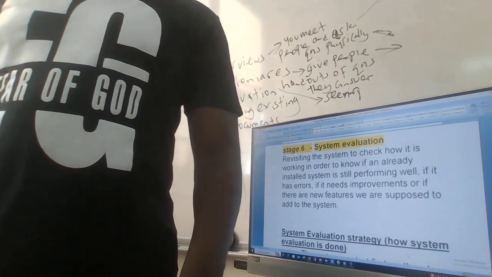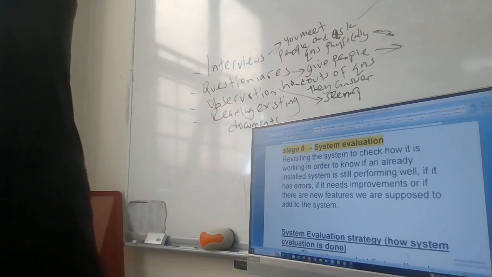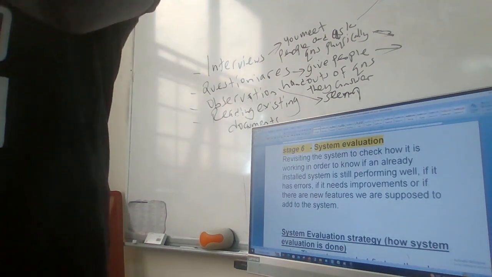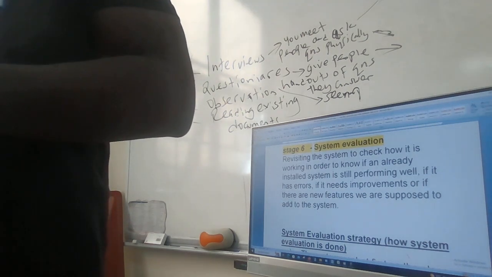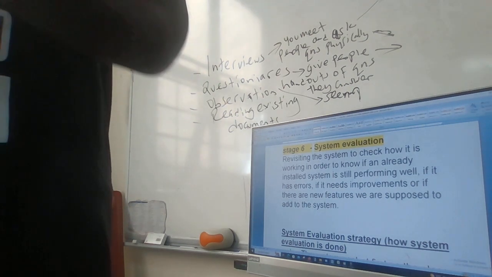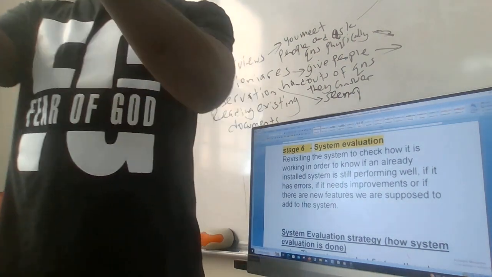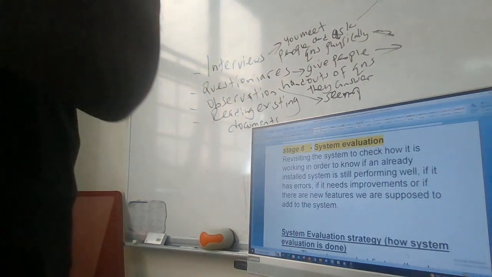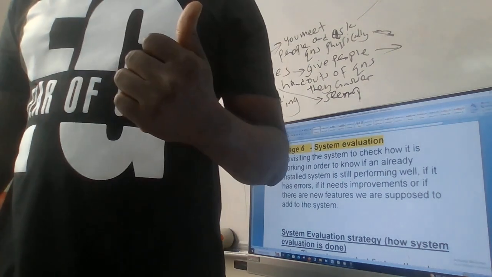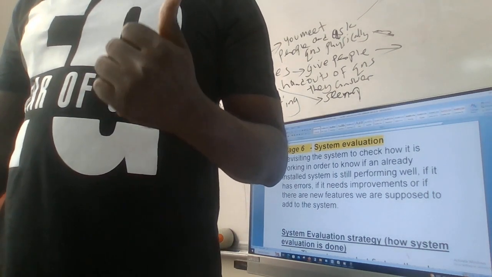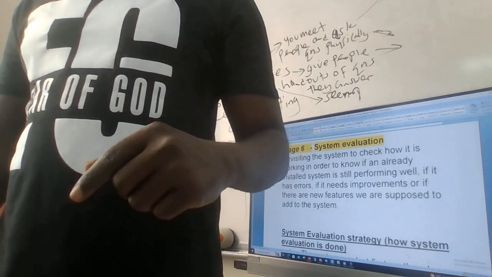Secondly, after collecting information, you decide or find out what new things it needs: what errors it has, what improvements it needs, and what new features. That's the evaluation strategy, how it is done.